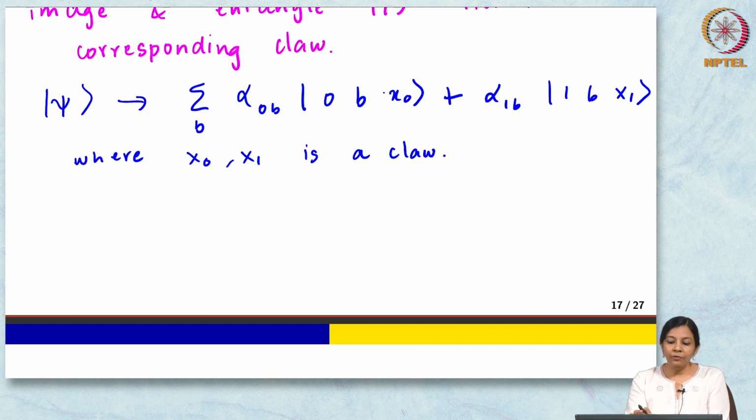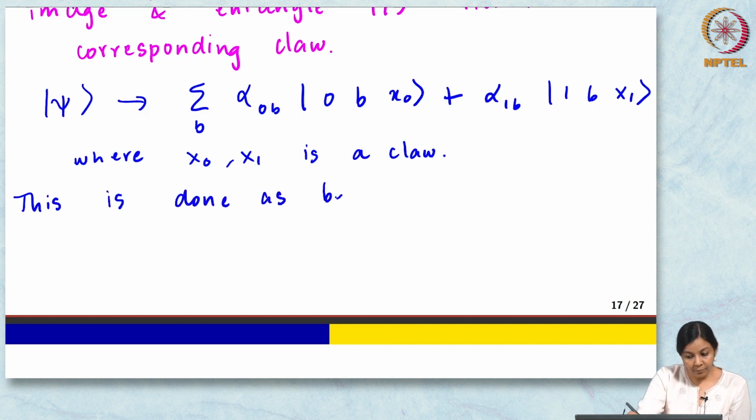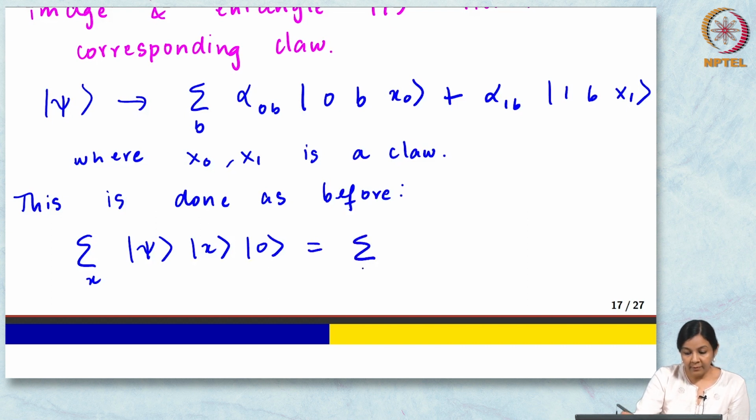Should we go over how we do this entanglement? Maybe this is not hard to see, so it is worth doing. This is done as before. Summation over x, I prepare this state, summation over x of psi, x, 0. What is psi over here?